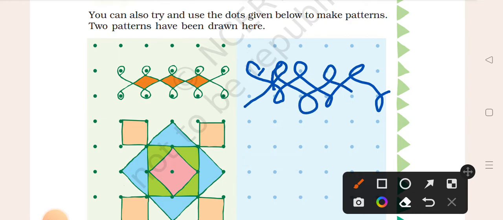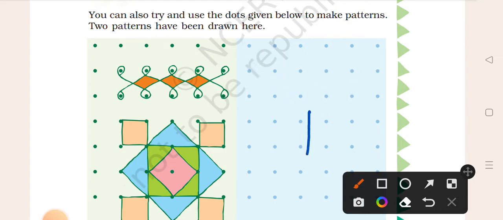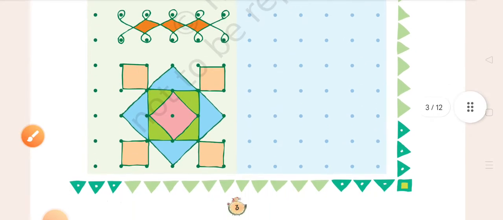This pattern will look like this. Now the next pattern will look like this. This is only made up of squares and triangles.